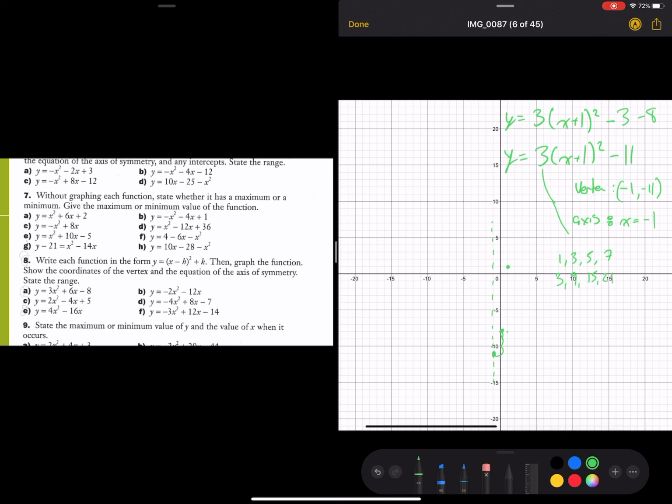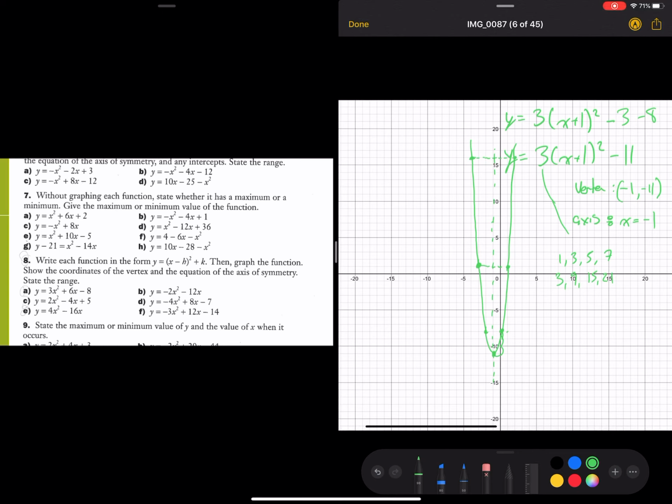The next step, 15. It's basically right there. And you have now your parabola. And that's it. Pretty much done.